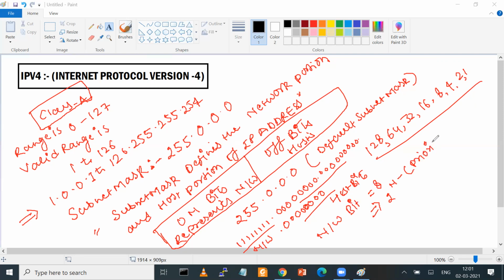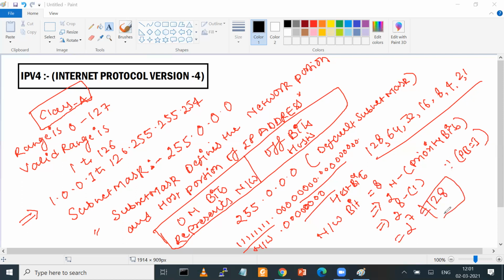What priority bits are, we'll discuss. So 2 raised to the power n, which is 2 raised to the power 8 minus 1. Default priority bits PB is equal to 1 for class A. So it becomes 2 raised to the power 7. It means 128. It means I can create 128 networks in class A.